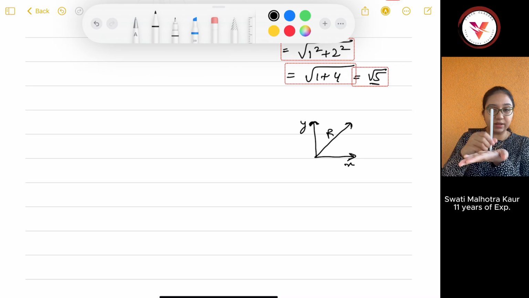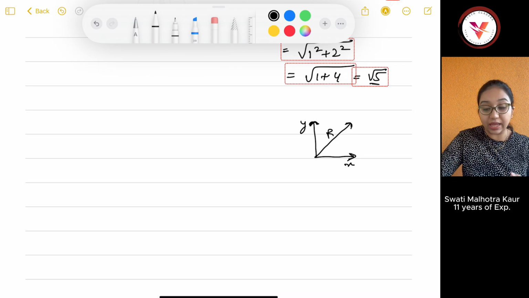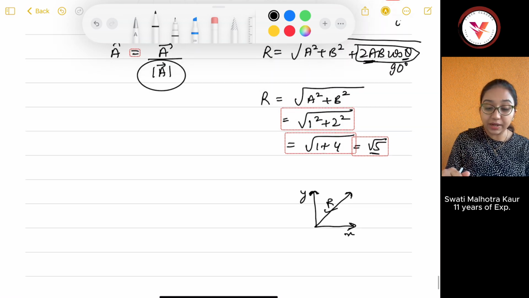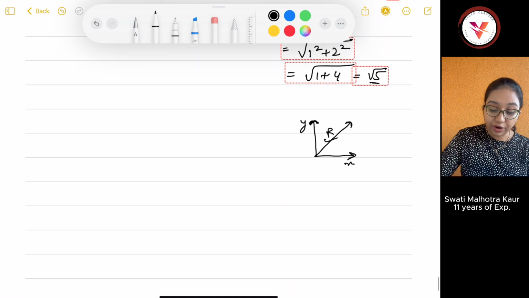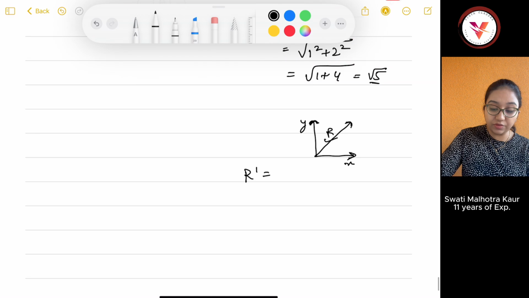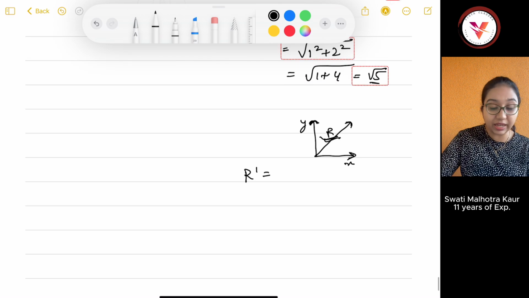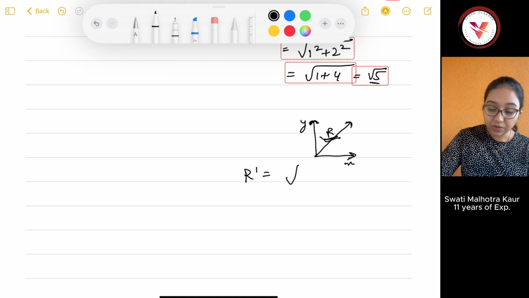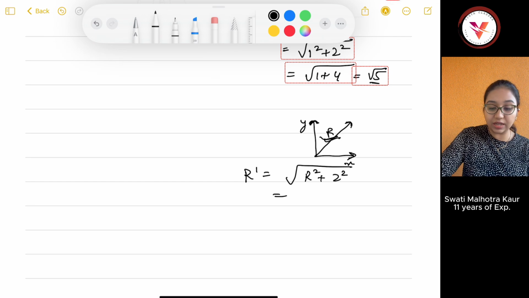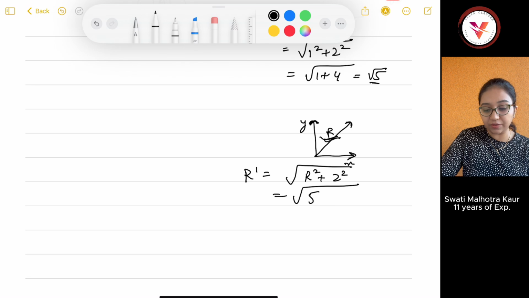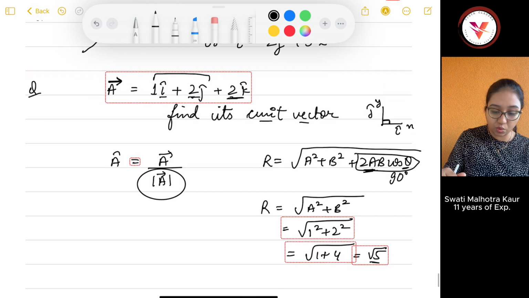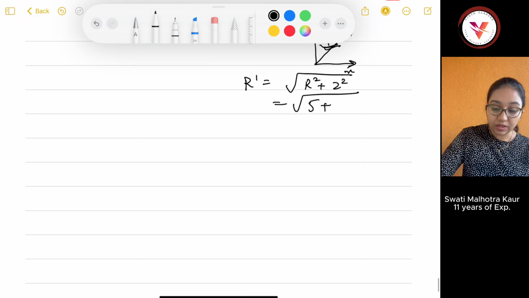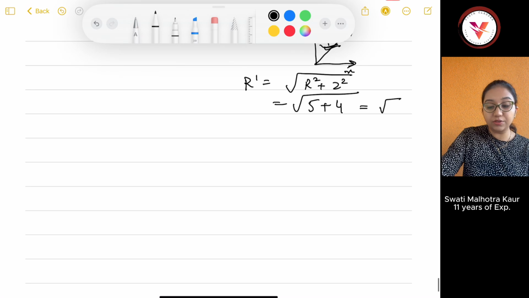But your z axis is perpendicular to the xy plane, which is also perpendicular to its diagonal. That means if you have to calculate the resultant of this r vector and the z component, again theta is 90 degrees. Then you have to do r square plus z square. Then this r is root 5. Root 5 square is 5 plus 2 square, which is 4, and it gives you root 9.